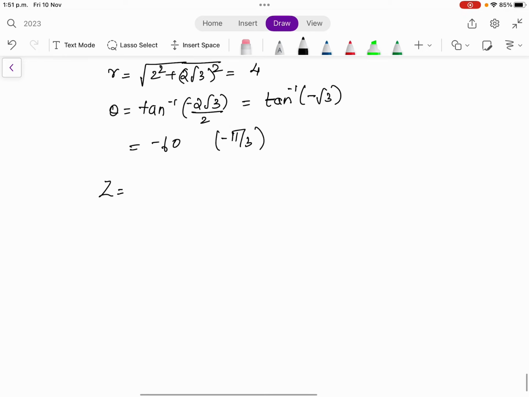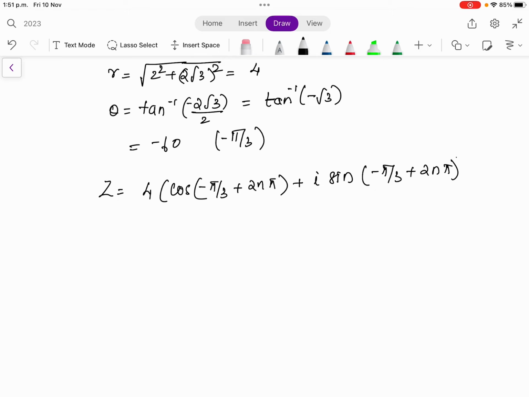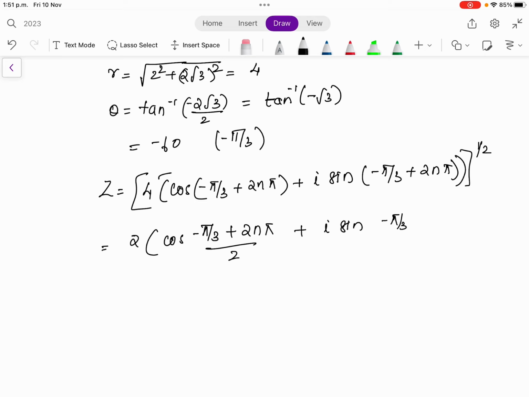So you can write the complex number as 4 [cos(minus pi/3 + 2n pi) + i sin(minus pi/3 + 2n pi)], the whole power of 1 by 2. Then that is equal to 2 [cos((minus pi/3 + 2n pi)/2) + i sin((minus pi/3 + 2n pi)/2)].